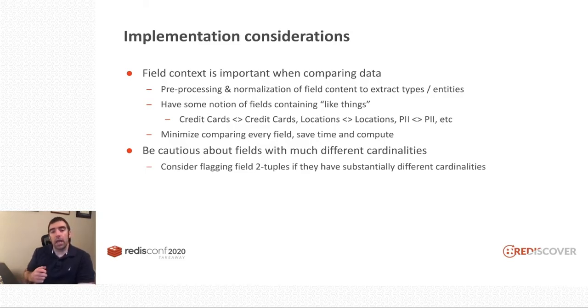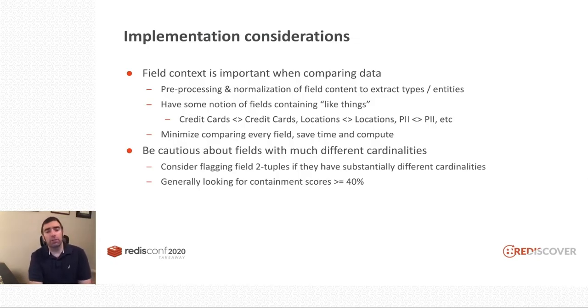One option here is that you don't necessarily have to throw the score away, but you could consider flagging field tuples with some type of warning that, hey, this score was computed from 2 sets that have a 50x difference in cardinality size, so you might want to take it with a grain of salt.